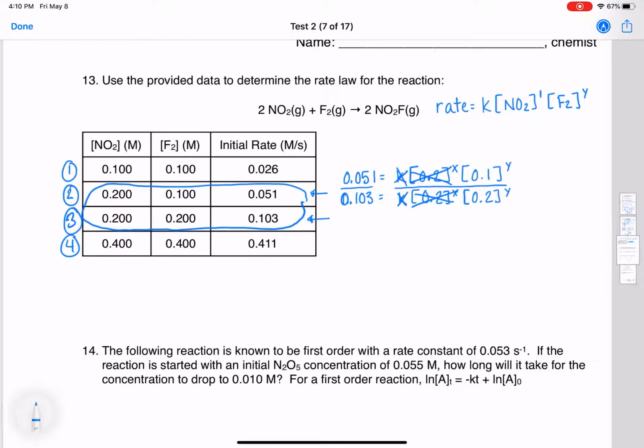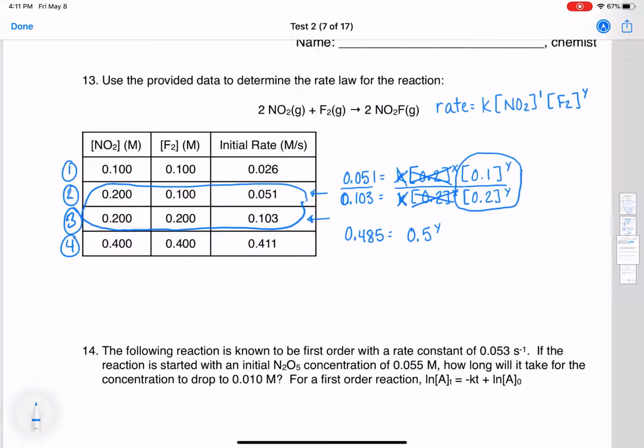So here we are left with 0.051 divided by 0.103. That is 0.485, and that is equal to 0.1 divided by 0.2 to the y. So that is 0.5 to the y, and we need to solve for y.